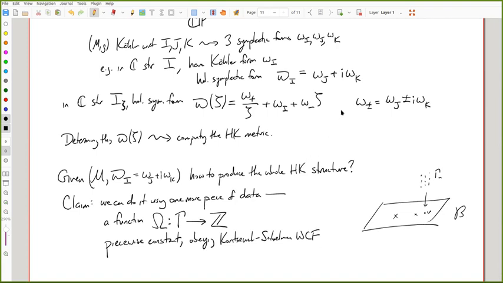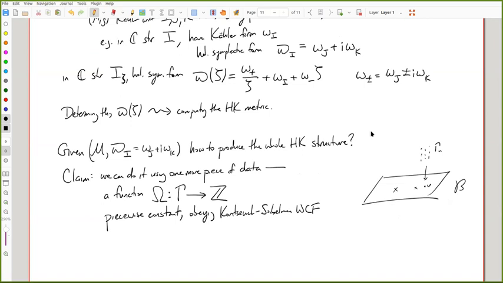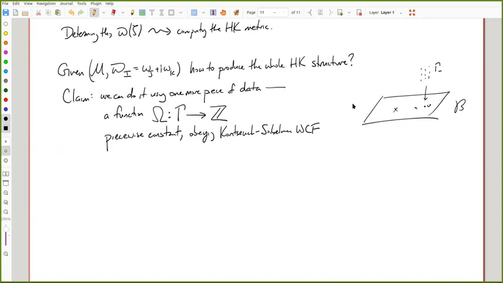We won't have time to say what that is, but that's a thing one can look up. But what I want to say is that you just need this relatively small amount of data, just a bunch of integers, and then you can set up the following conjecture.